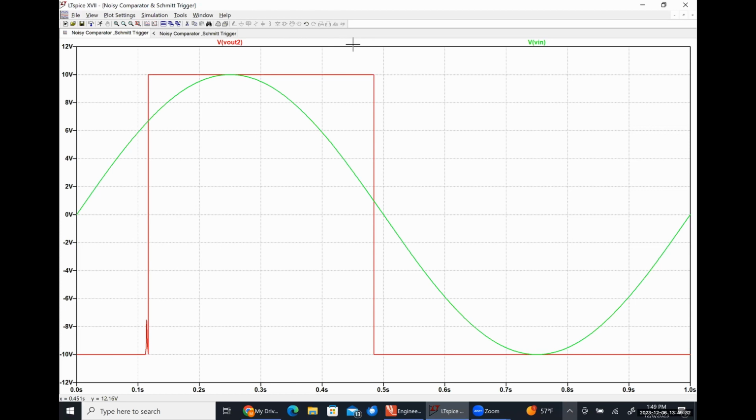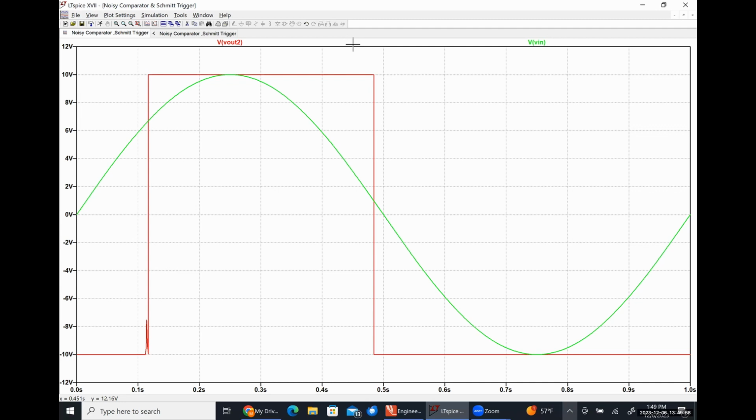So that's literally what's going on right here. When our input voltage for our non-inverting comparator is really, really close to our reference voltage, it's still VCC minus until we effectively hit that reference voltage, at which point it swings up to VCC plus. For our inverting comparator, it's the exact opposite.